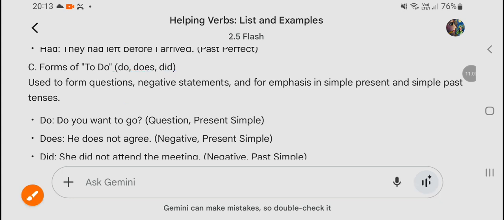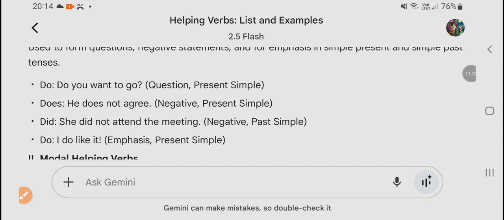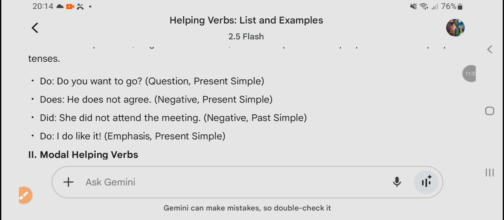Simple present, that is we do write, do we write a book, we do write one application, right? And then simple present tense, simple past tense, did you ask, did you note down, something like.